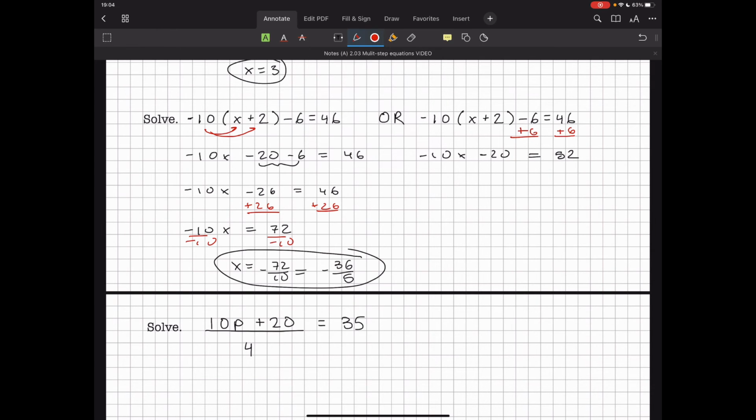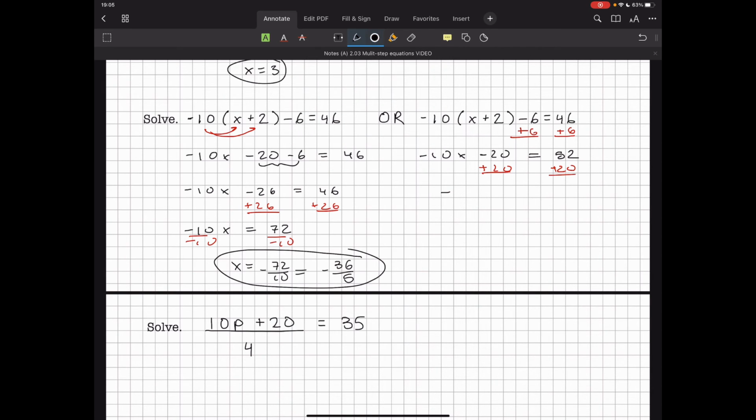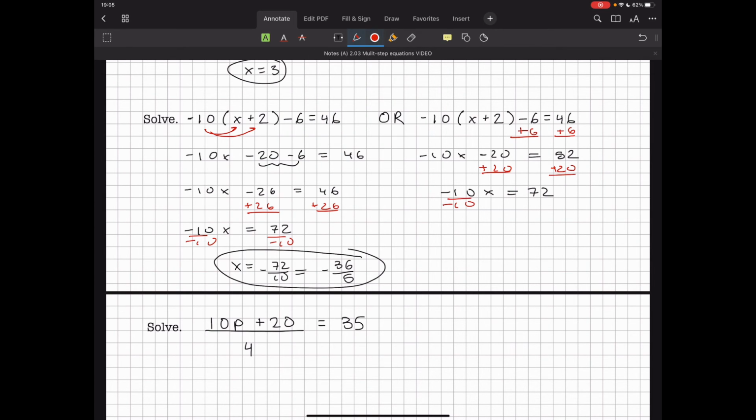And then from there, add 20 to both sides. You can see that we're going to end up basically with the same thing here. So that's negative 10x equals 72. Divide both sides by negative 10, which we know will leave us with x equals negative 36 fifths.